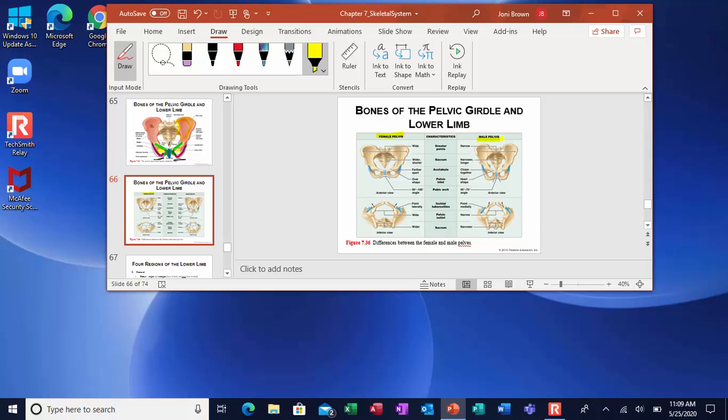Whereas the male over here, you see how much tighter his is. The opening is smaller, and he has a more defined pubic arch right here. It's a lot sharper than ours, which is broader.